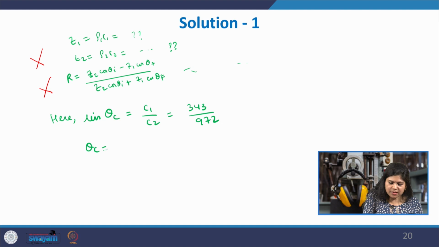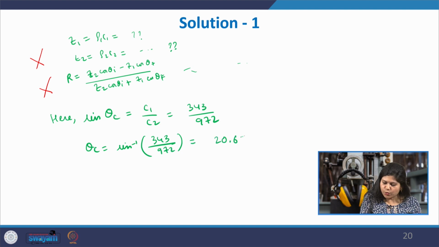So, theta c is sine inverse of this quantity. If you solve it, you get the answer as 20.67 degrees, which is way smaller than theta I. So, what you are getting is that theta I is greater than theta c.